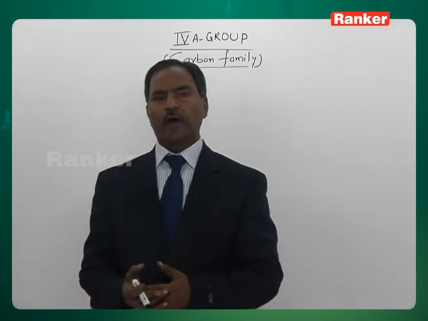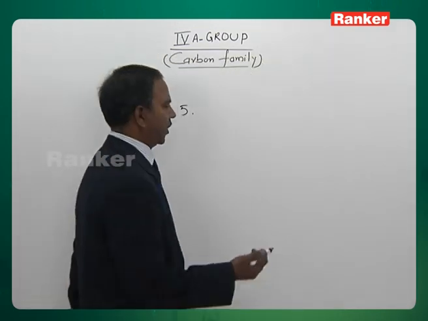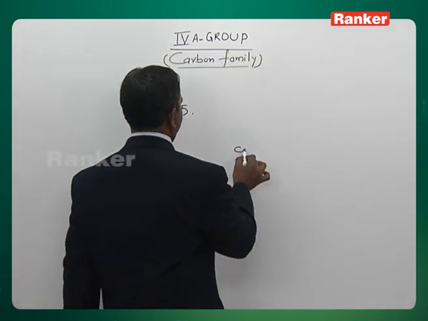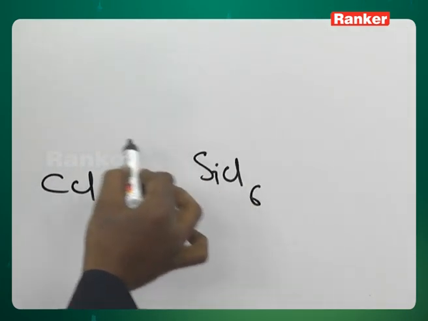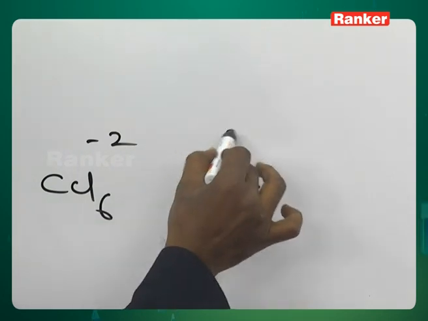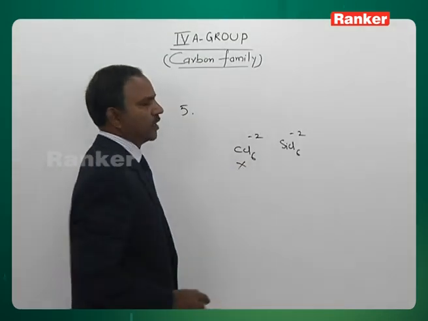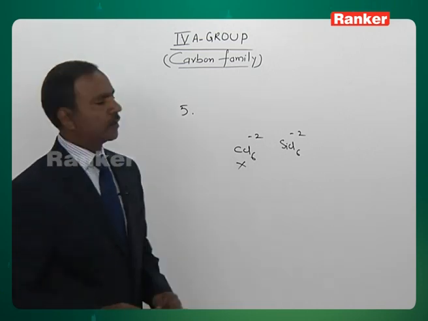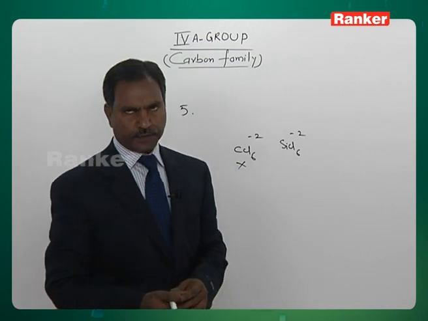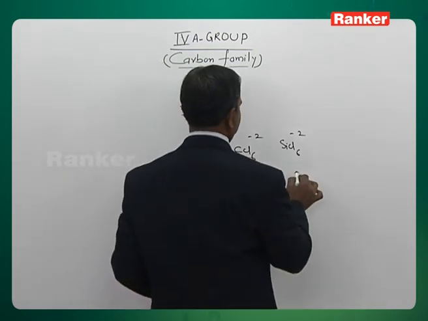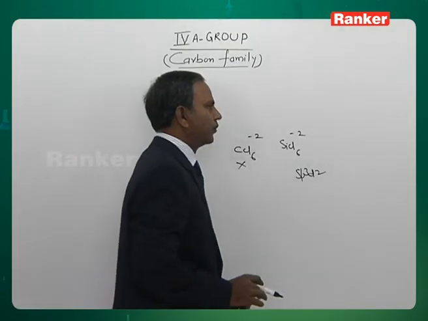Generally, carbon does not form coordination number 6, but silicon does. CCl6 we generally won't find, but SiCl6 2- is there. For coordination number 6, there should be sp3d2 hybridization.